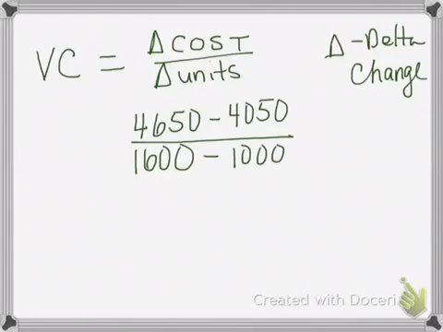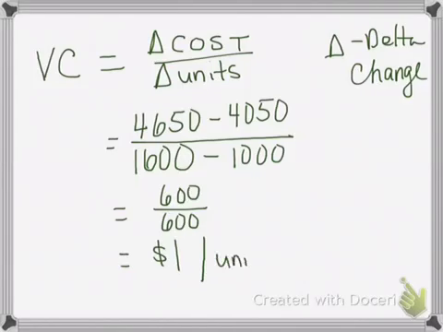So that's how we will correspond those items. When we do the math, what we find is we will have 600 divided by 600 in this case. And what that is going to give us is $1 per unit. So that is our variable cost. Our variable cost is $1 per unit.